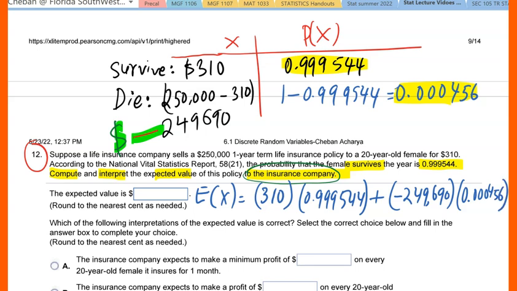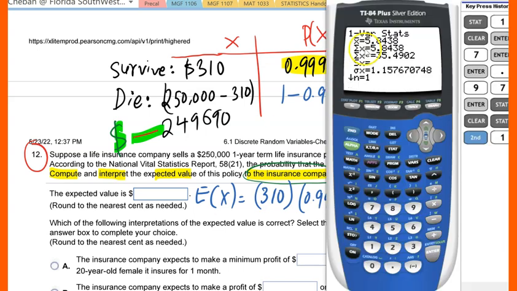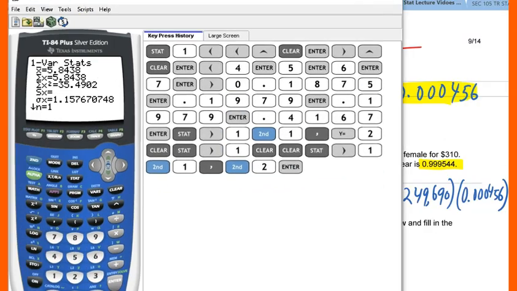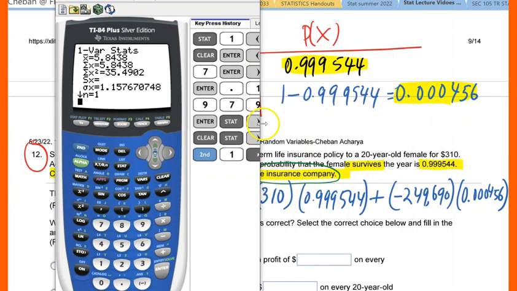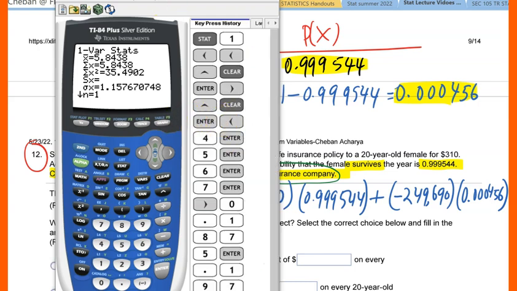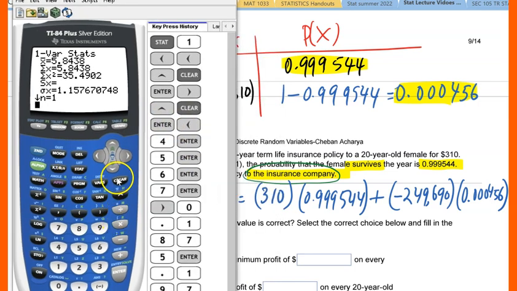You can do that in the calculator, so let's do that to find the answer directly.